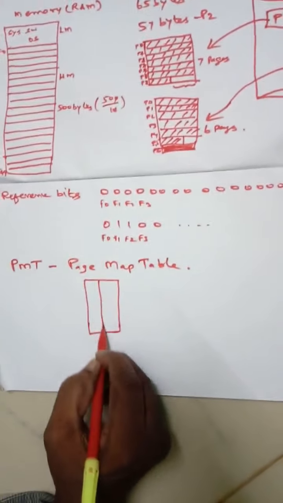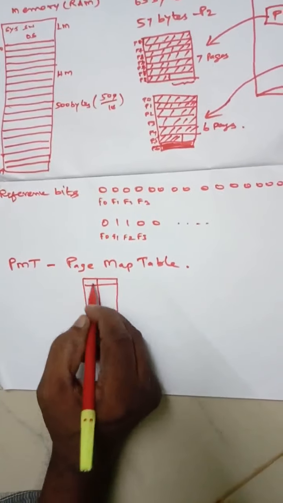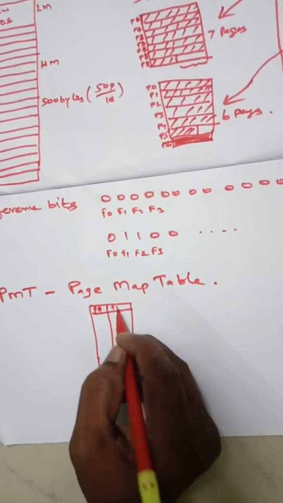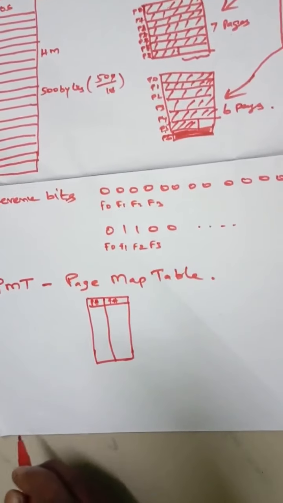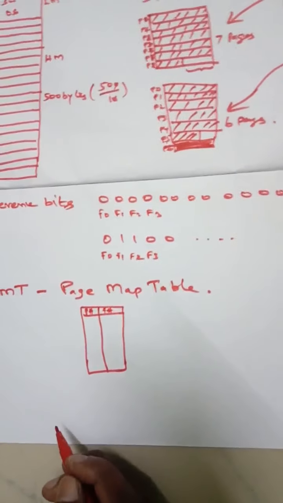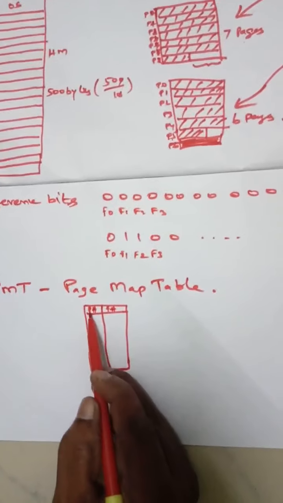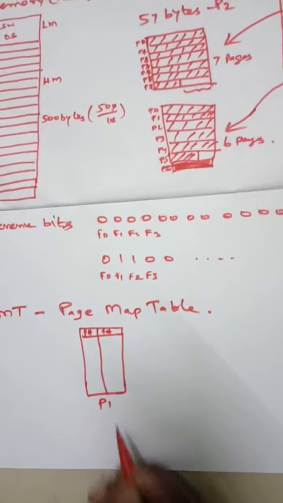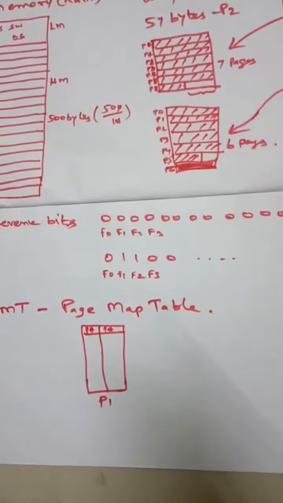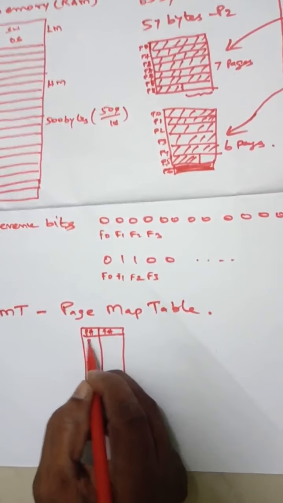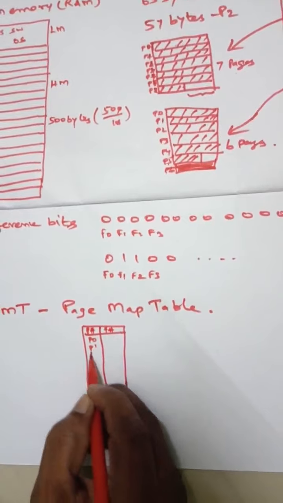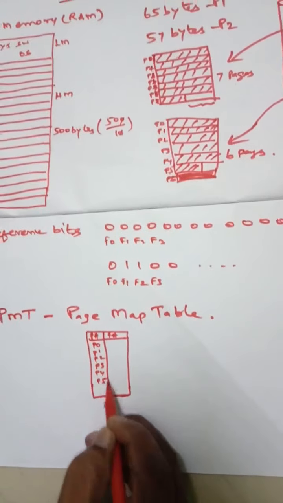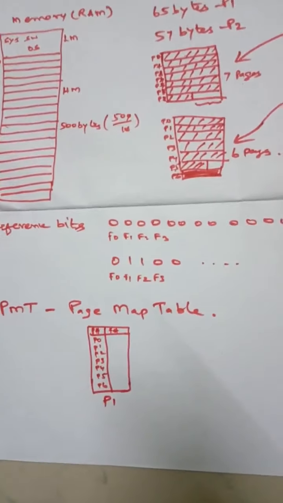Here there are 2 entries. This is page number, this is frame number. Very clear? For P1, there are 7 pages, isn't it? P0, P1, P2, P3, P4, P5, and P6.